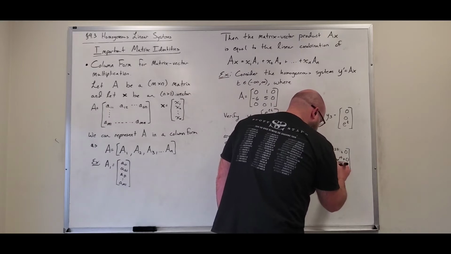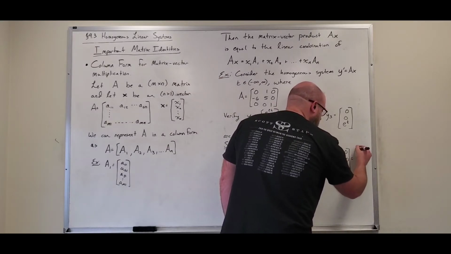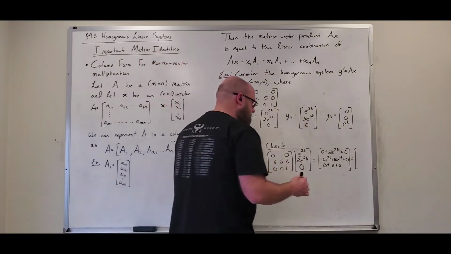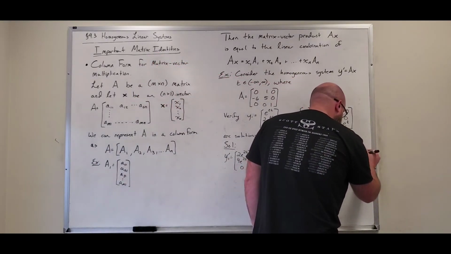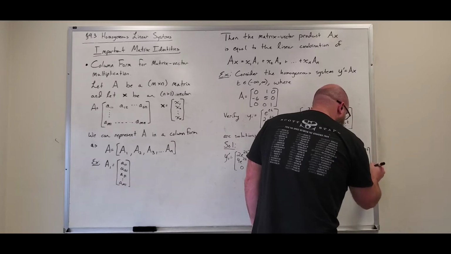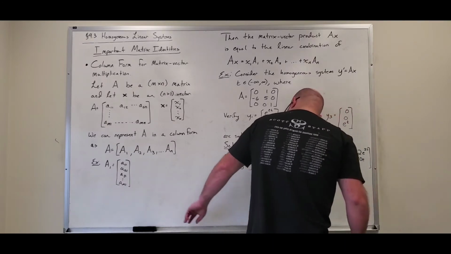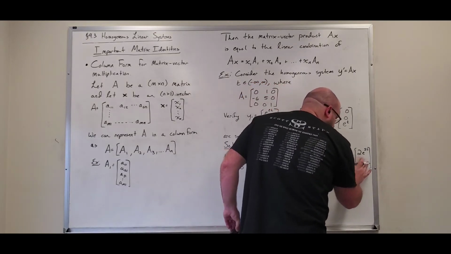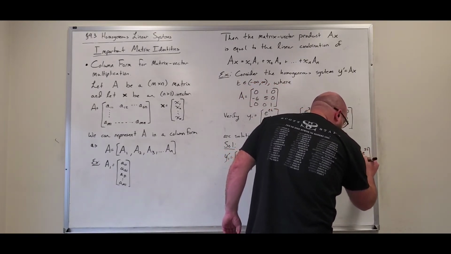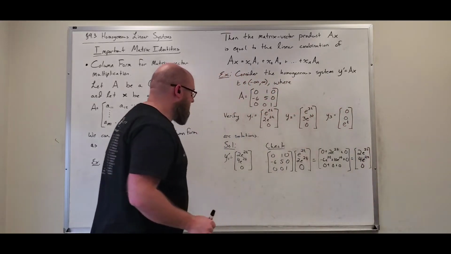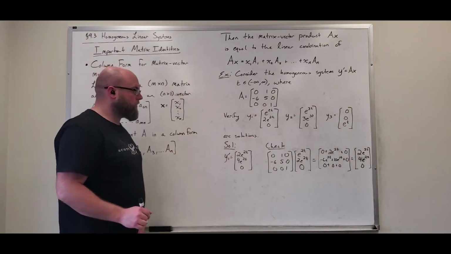So 0 plus 0 plus 0. Again, this is a pretty easy format. So 2e to the 2t is our first term. Our next term is going to be 4e to the 2t, I even said that and wrote 10, so make sure that you write 4e to the 2t, and then 0. So yes, this is a solution.